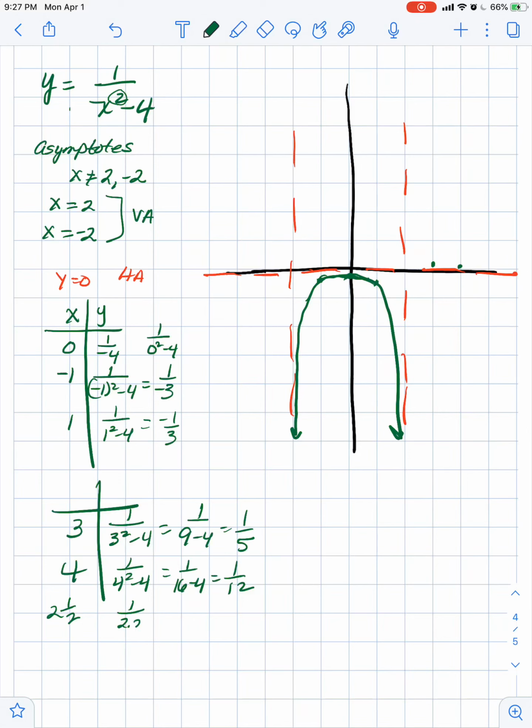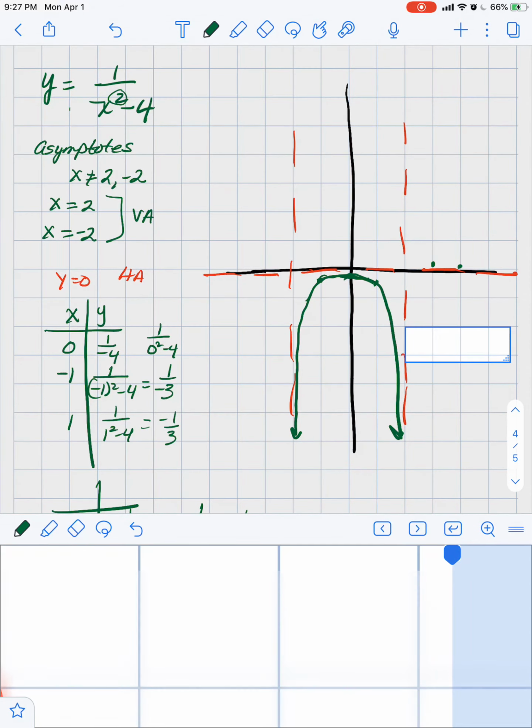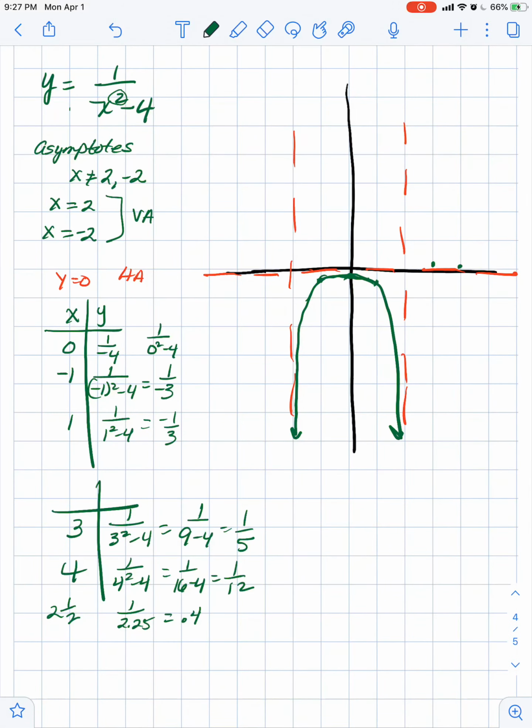So 1 over 2.25, which is about 0.4, it looks like. So we're going to have at 2.5, it's going to be about 0.4. So it's going to come up to here. Okay? Anyway, so what we're going to end up seeing, guys, is it's going to come down through here.